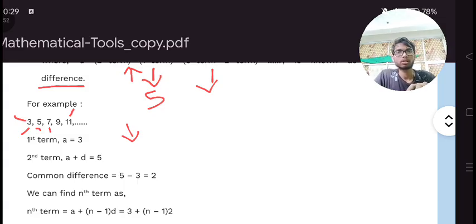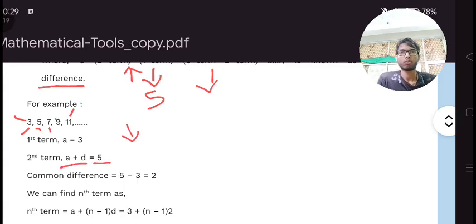So we will consider the first term as A. A is equal to 3. The next, second term, we are saying A plus D. So A plus D is equal to 5.